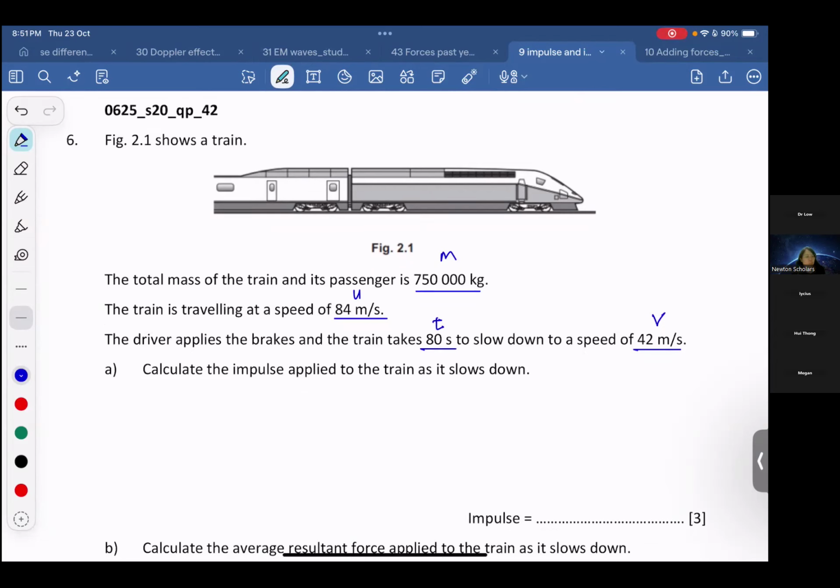Make it two to three significant figures. No, Teresa, no. They are moving in the same direction.